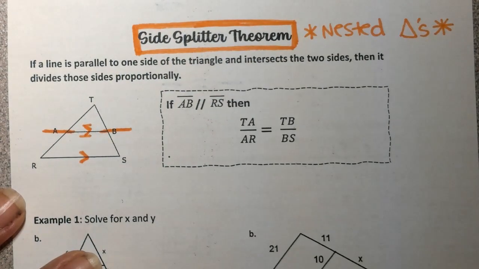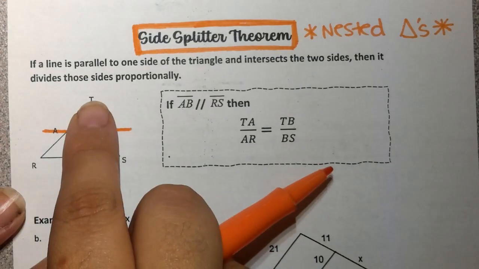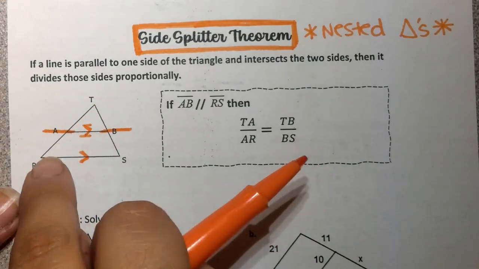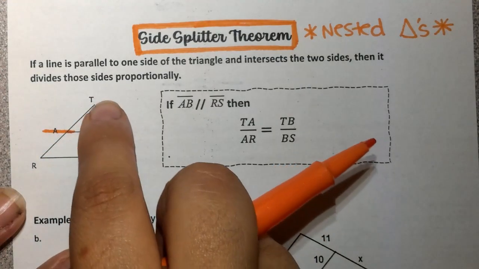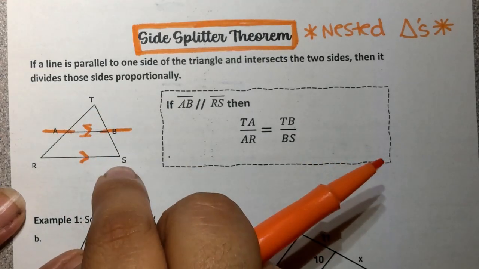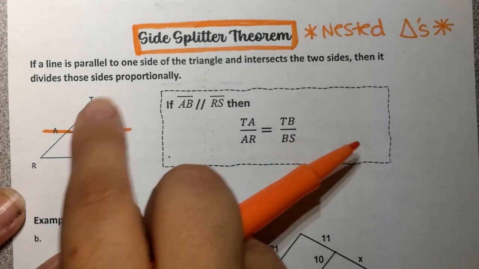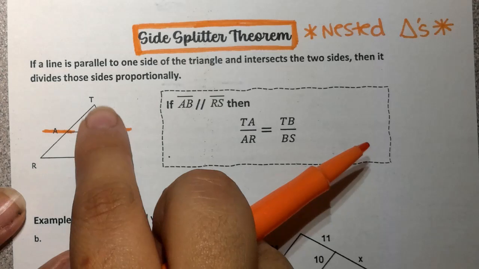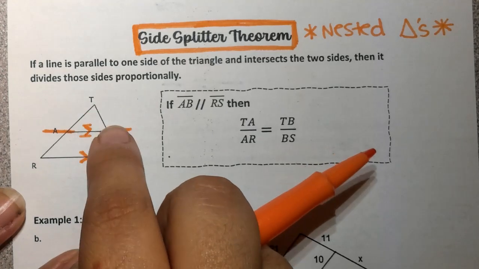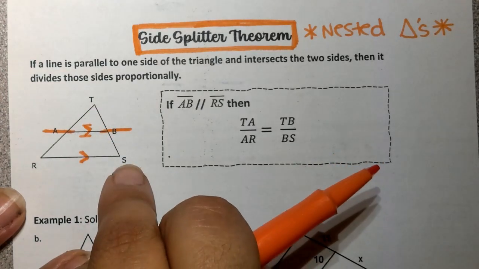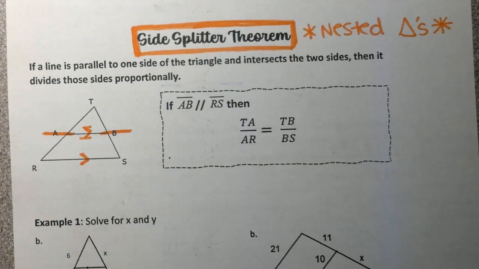Now, T over A divided by AR is equal to T over B divided by BS. So with side splitter, you can split the sides and they're proportional.